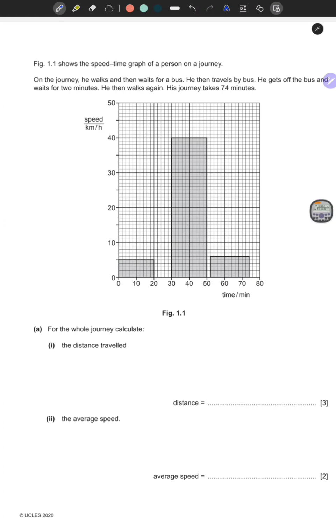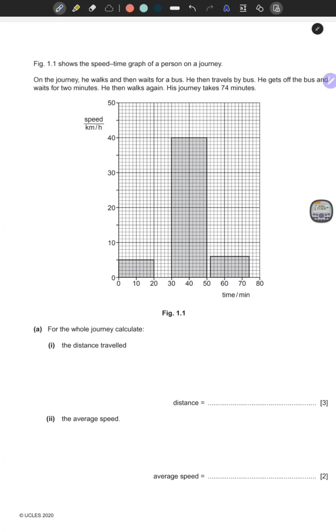I'm just going to calculate and add the area of all of these three rectangles I can see here in the figure, and that will equal the total distance traveled. Because when he's waiting he's not traveling, but when he's in the bus he's moving, so he's traveling.